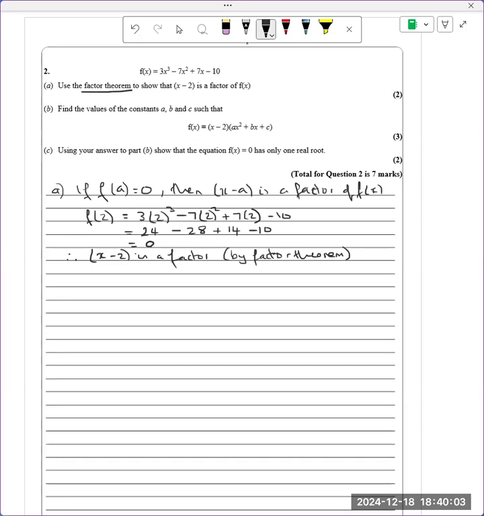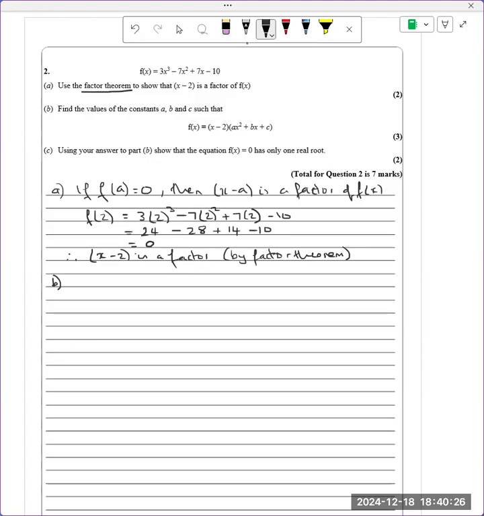Now question B, I think most of us would do this by division. You could do it by matching coefficients. So you could let the polynomial equal x minus 2 brackets ax squared plus bx plus c, and then expand and match up the coefficients.